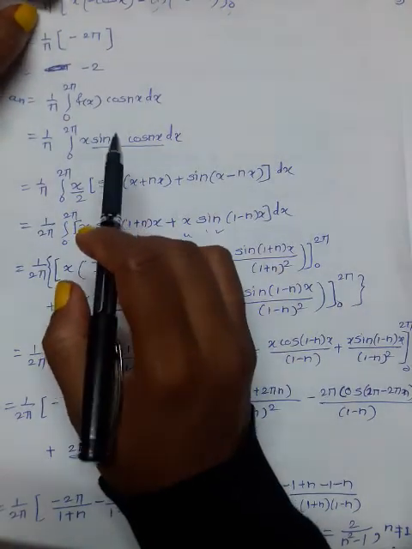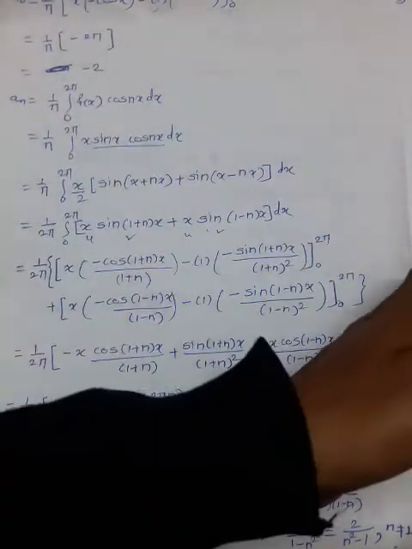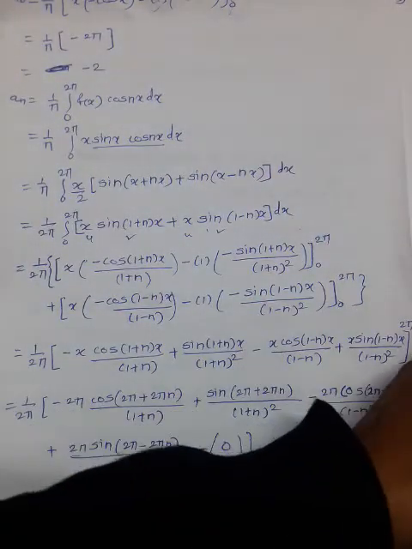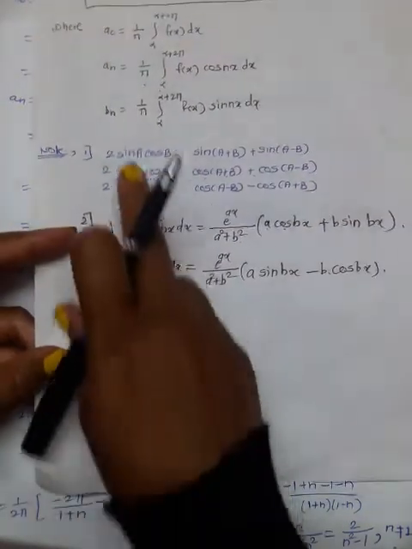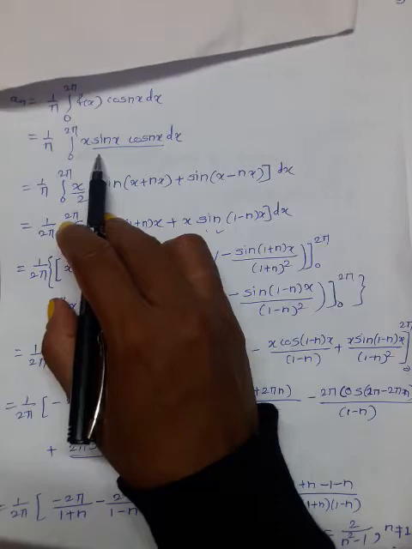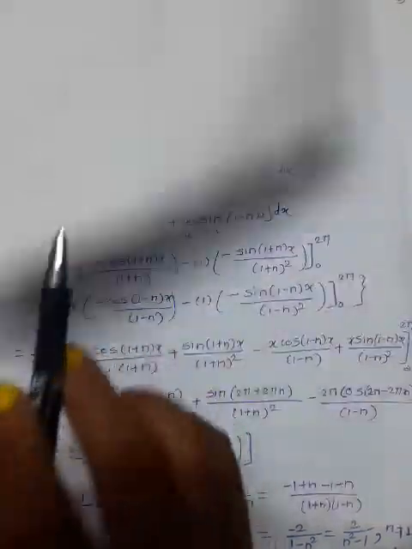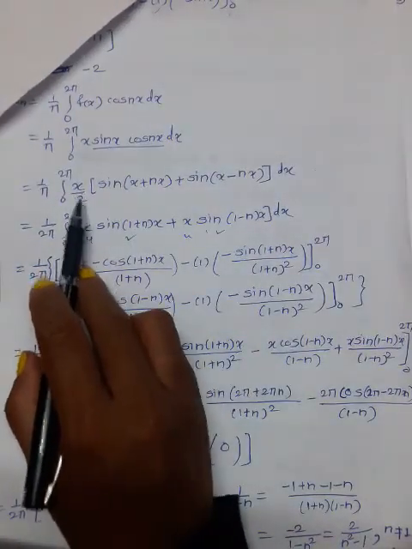Therefore we have to use the basic formula for sin a cos b. Which one? This one, 2 sin a cos b. Here 2 is not there, so we have to take this 2 to the other side, that is half, 1 by 2.